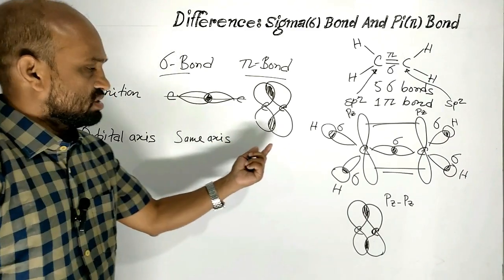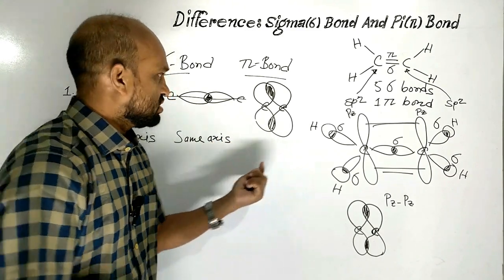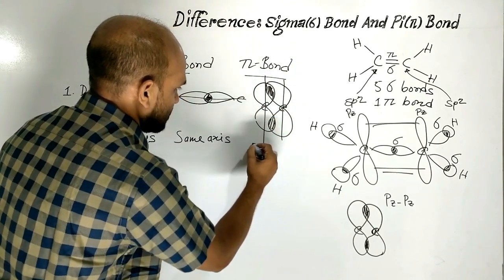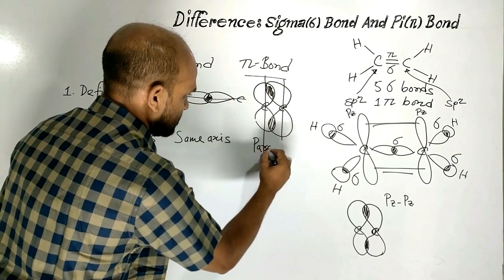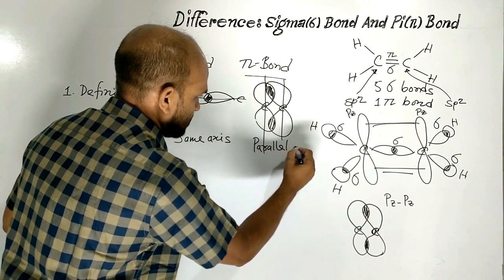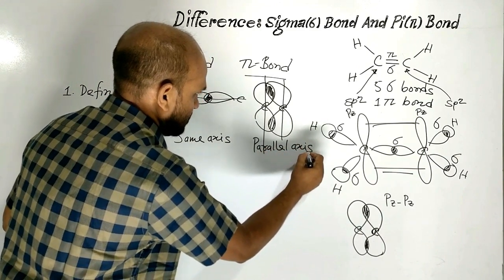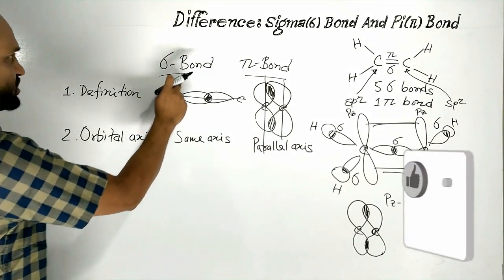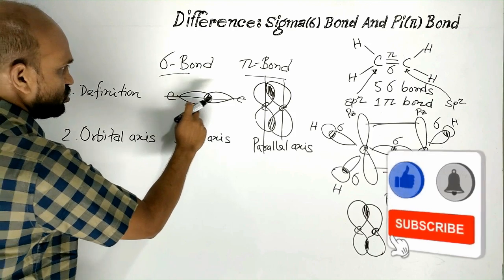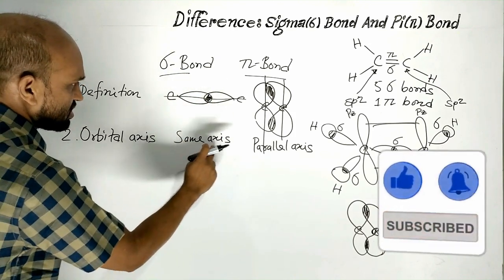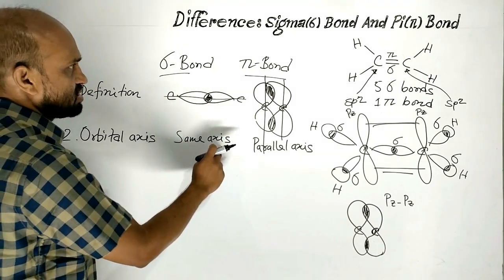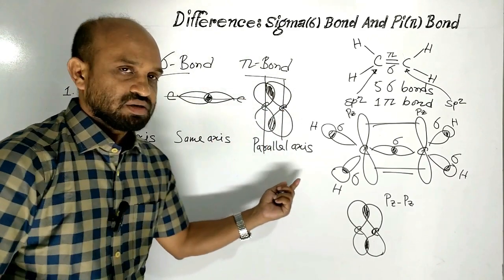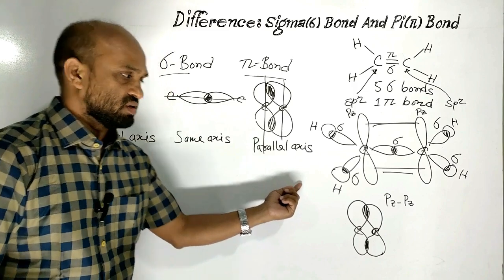But in case of pi bond formation, two orbitals lie in parallel axis. So orbital axis: in sigma bond formation, the two orbitals lie in the same axis, but in pi bond formation, the two orbitals lie in the parallel axis.